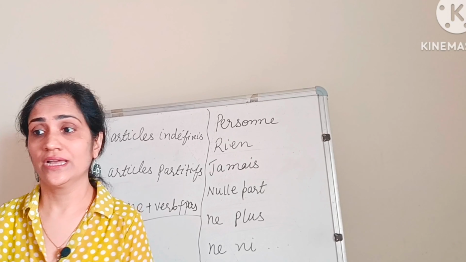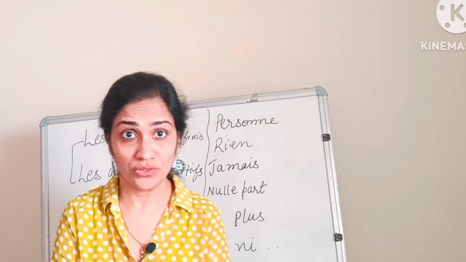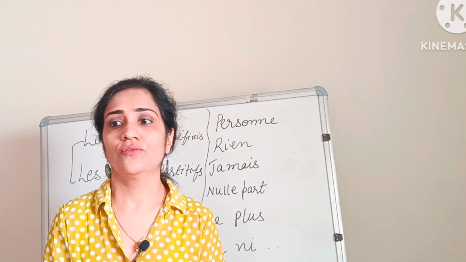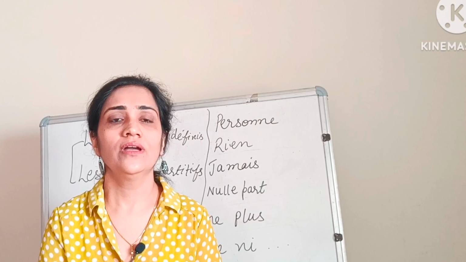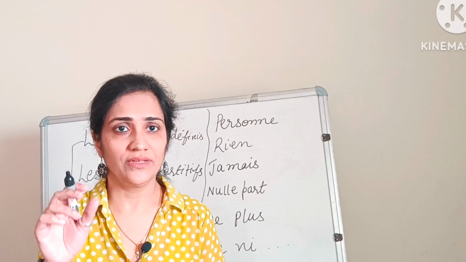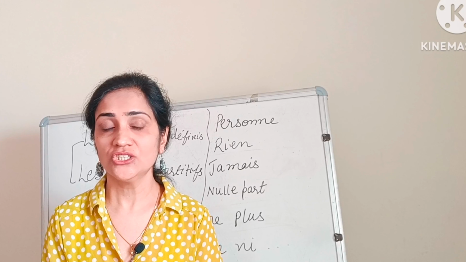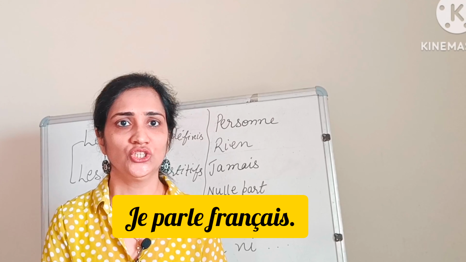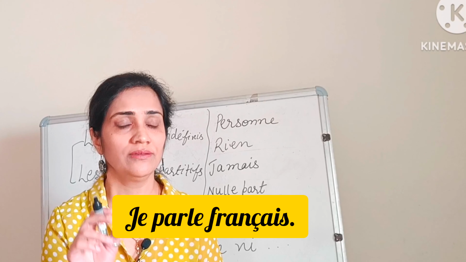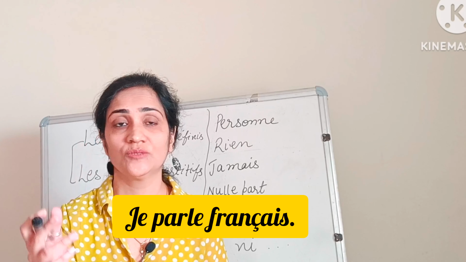Like for example, if I have to say I speak French, so this is the affirmative sentence. Let's take the example of affirmative, how we can convert the affirmative into negative. The affirmative, I speak French, je parle français. Here the verb is parler, which means to speak.